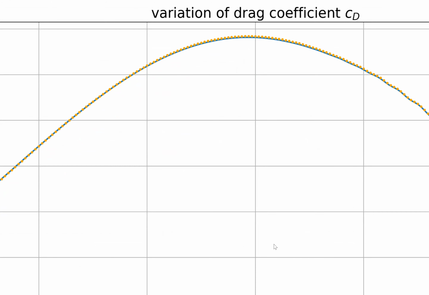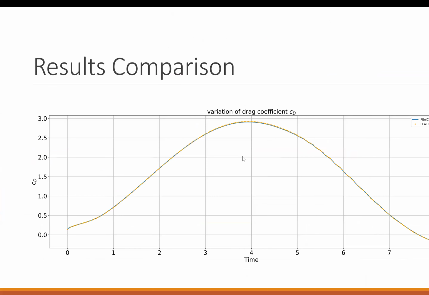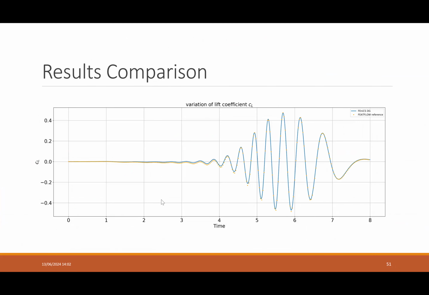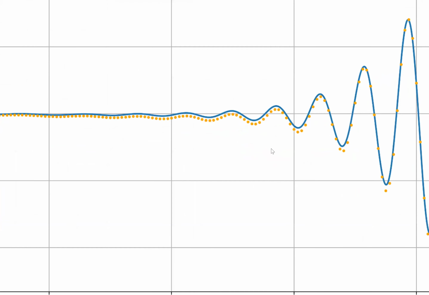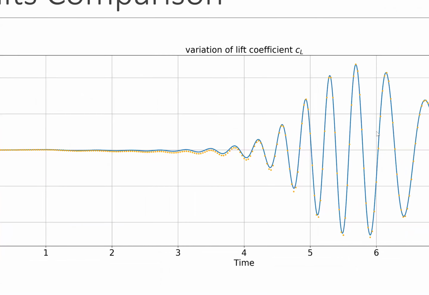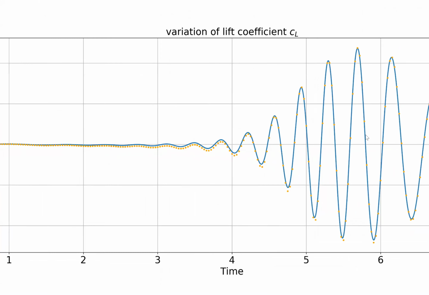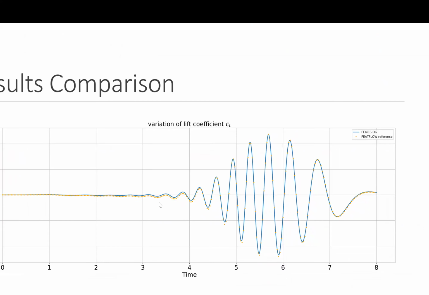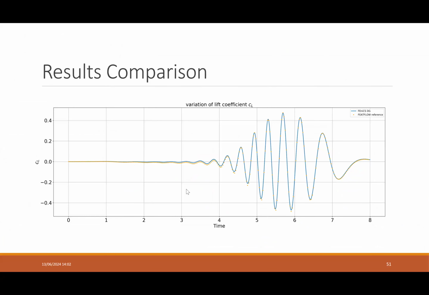This is for the drag coefficient, the variation of drag coefficient over time. And how does the lift coefficient vary? Maybe I'll show you only the good parts. Again, good agreement with the benchmark case.